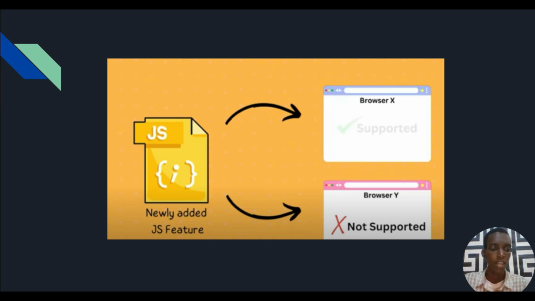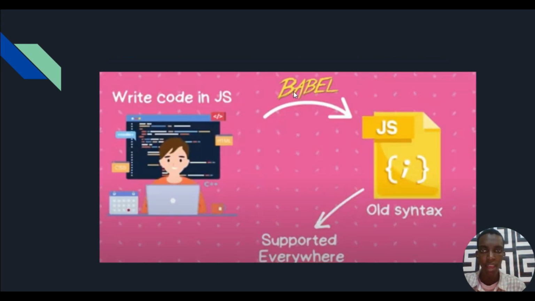So with Babel, I can write code in JavaScript, with new features, then convert it to the old syntax that is supported in every type of browser, both ones that have been updated and ones that have not. So when we're using Babel, we're making sure that our code works well in every single environment.